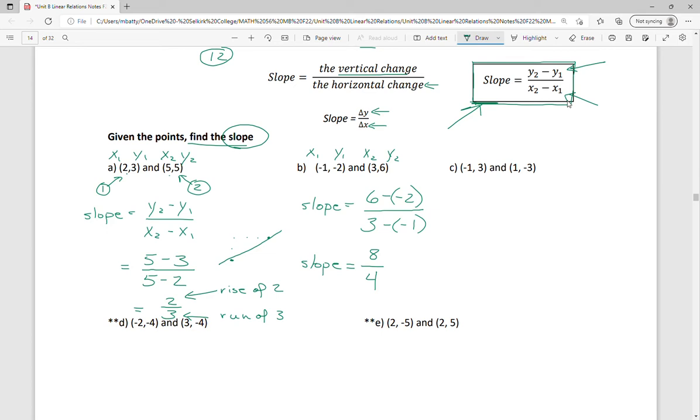So this one I can reduce, I can divide both by 4 and get 2 over 1. So then I can see it's a rise of 2 and a run, or a change of x, of 1. Or I could just write that my slope is 2, right? By seeing it with the rise over the run, that's a little bit more practical, but really bringing it down to its easiest answer, simplest answer, it would just give me a slope of 2.